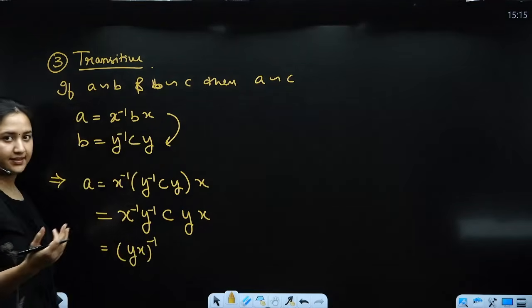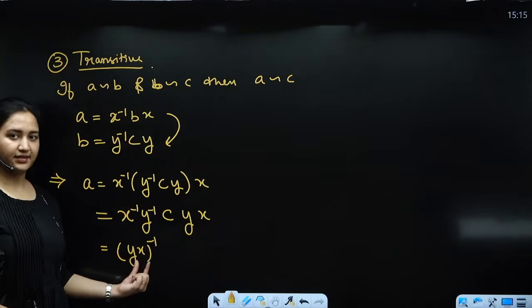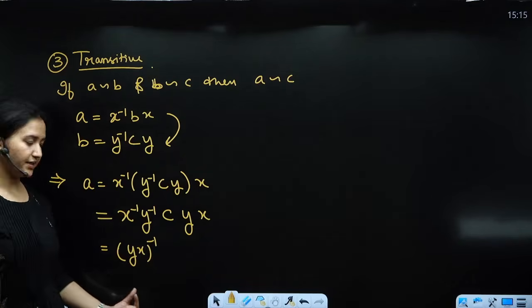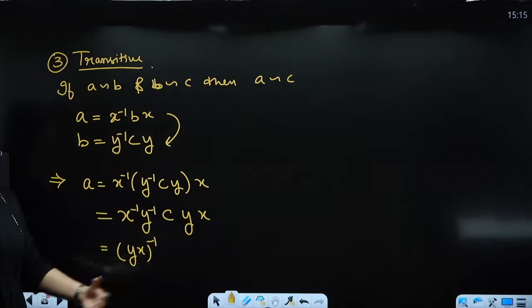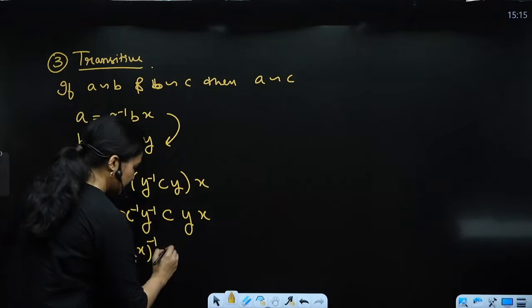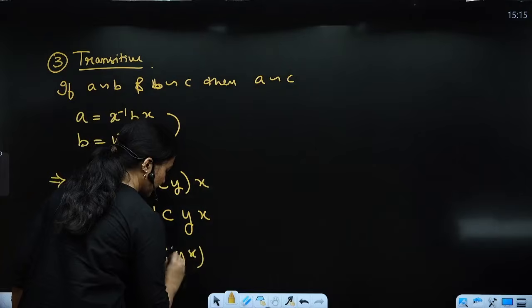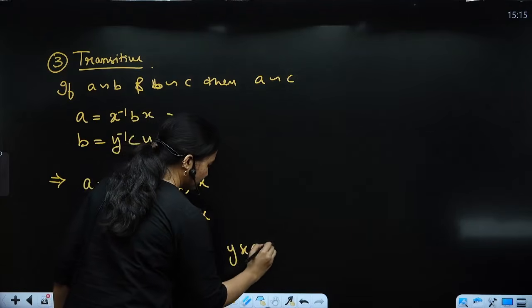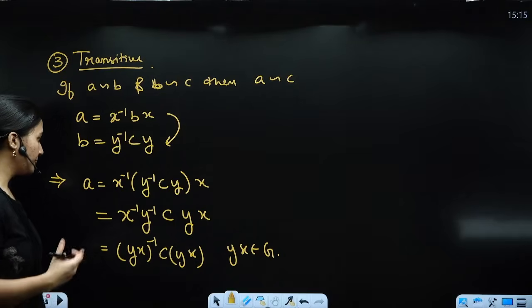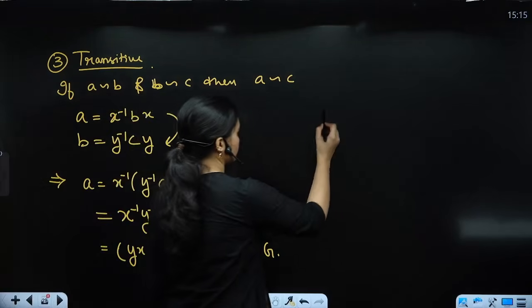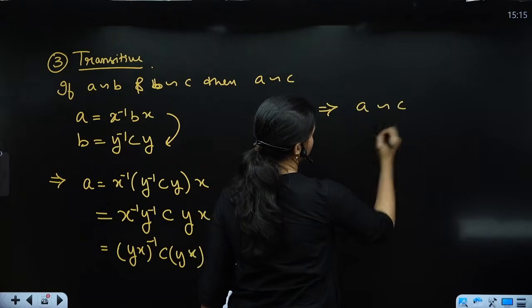इतना तो अब हमें याद ही है. अगर हम ab का inverse लिखते हैं, so we write it as b inverse a inverse, right? So I can write it the other way around as well. So this is going to be yx inverse c yx, where yx belongs to G, right? Why? Because x and y are elements of G. Now this implies that a is congruent to c.